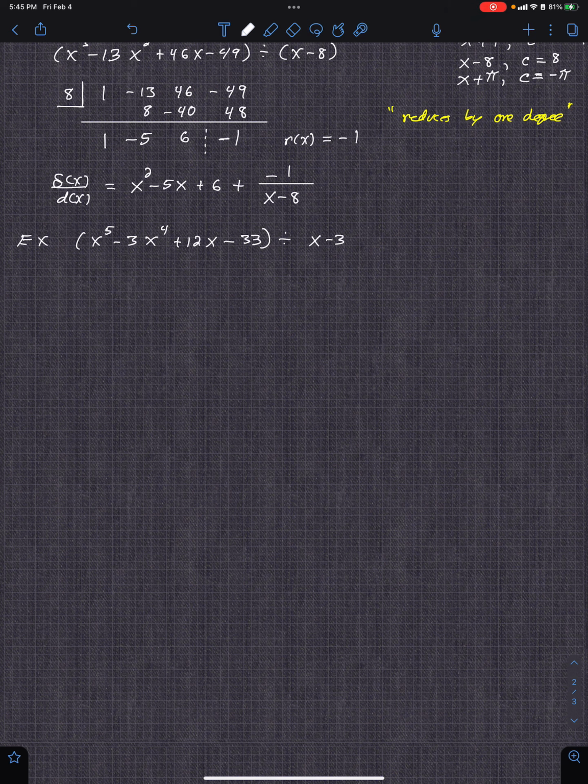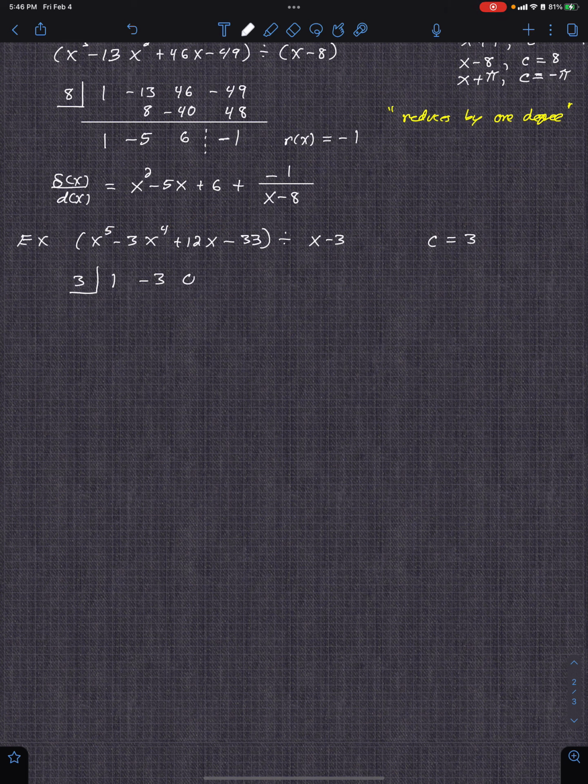So let's identify a few things for you. C is your 3, so you're going to say 3 here, and then 1, and then negative 3. Now you have to put in what's missing. The third degree term is missing. 5, 4, there needs to be 3, 2, and then here's your 1 and constant.